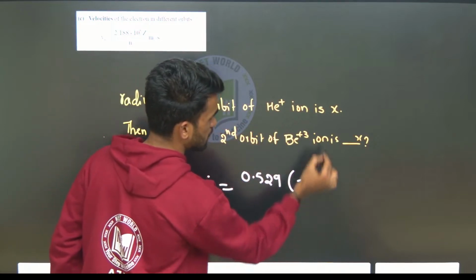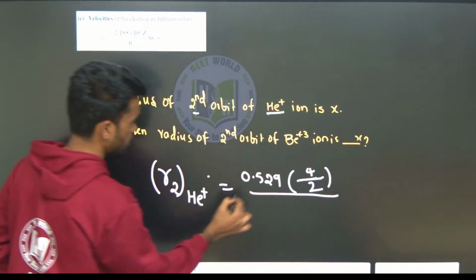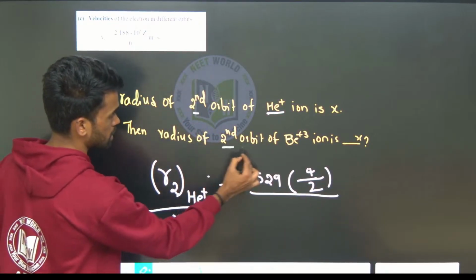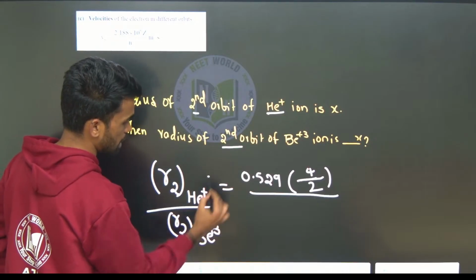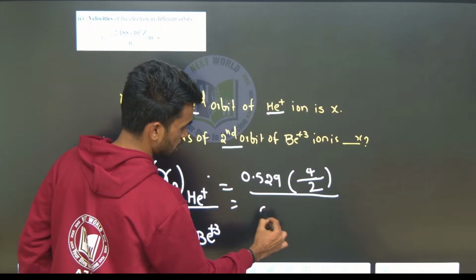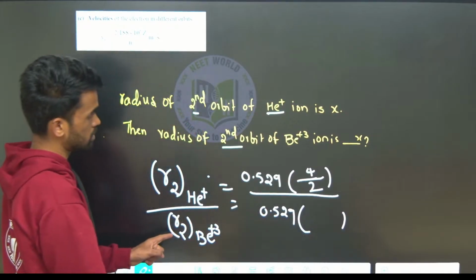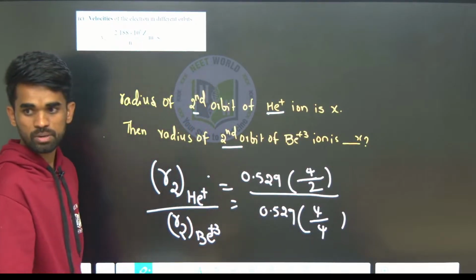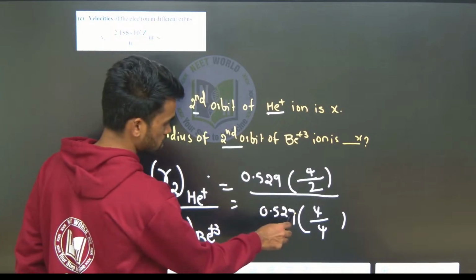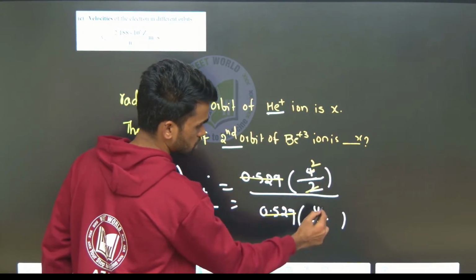Z, what is the atomic number for helium? 2. And for the second Bohr orbit of Be plus 3 ion, again 0.529 into n square, so 4, by Z. Atomic number for beryllium is 4. So this will be 2 times, this will be 1 time.